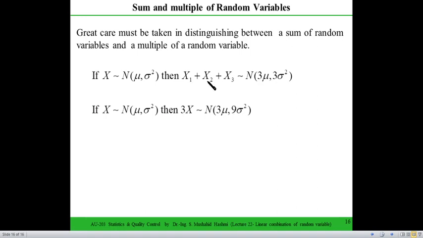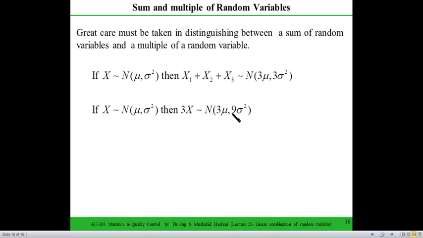So this is the S1, S2, S3, S4 problem, and this is 4 times S. If it is a sum of random variables versus a multiple of a random variable, the resulting linear combination has a different distribution, in the sense that it is normal but the variance is different. This is something you need to take care of in dealing with linear combinations of random variables.